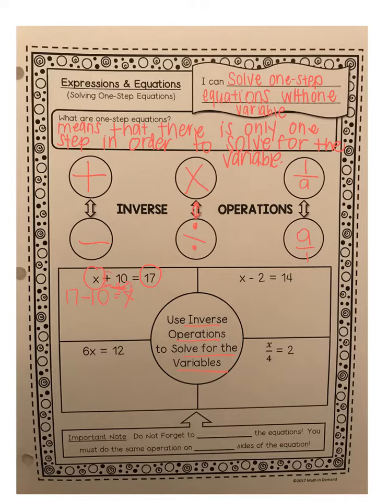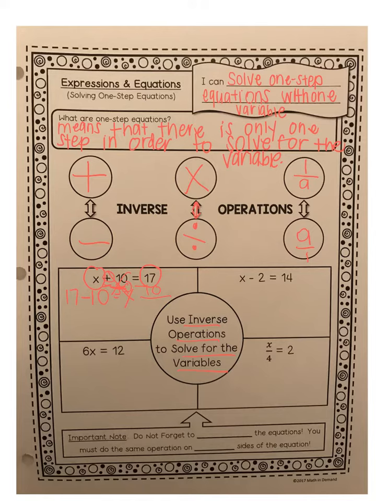In this case, since the operation is addition, your inverse operation is subtraction. You're going to subtract 10 from both sides. You have to do it to both sides because 10 minus 10 equals 0, which clears out the left side of my equal sign.